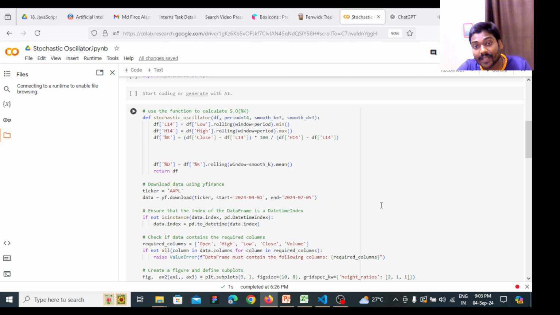Next, download the dataset using yfinance, which is provided by Hackveda Limited. We use the Apple dataset.